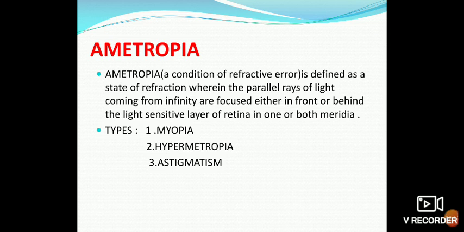So there is no point focus. All these conditions in which the light rays are not focused at the light sensitive part of the retina are called ametropia or refractive error.